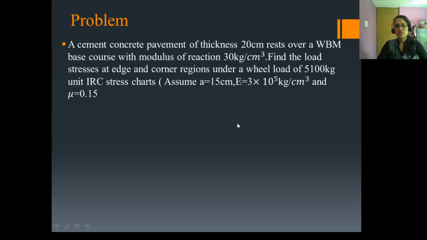We need to assume A as 15, E equals 3 into 10 raised to 5 kg per centimeter square, and mu is 0.15. So we need to find the stresses at the edge and the corner regions using the charts. Let us see how to find this.